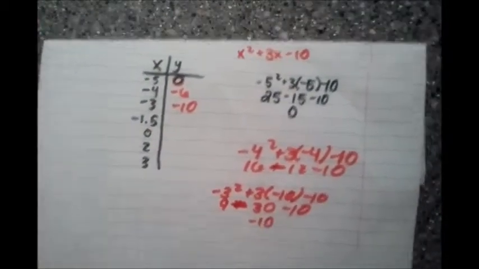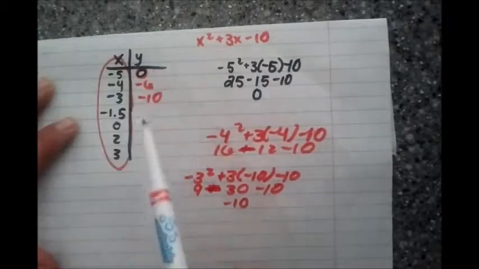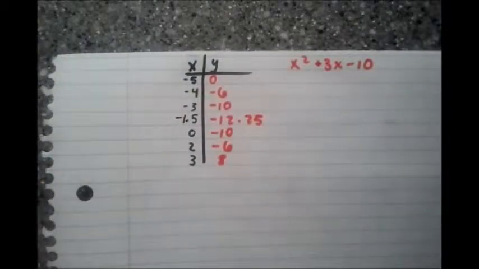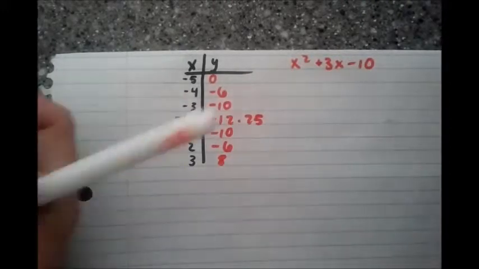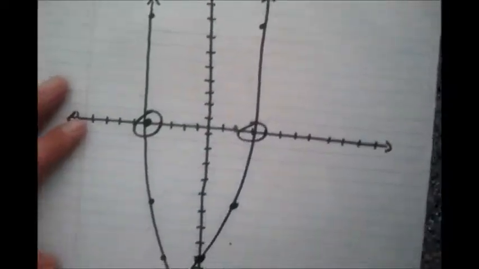All you have to do is keep on repeating that with all of these numbers going into the original, and you will end up with these coordinates. After you find those coordinates, you can graph them, and it will end up looking just like this.